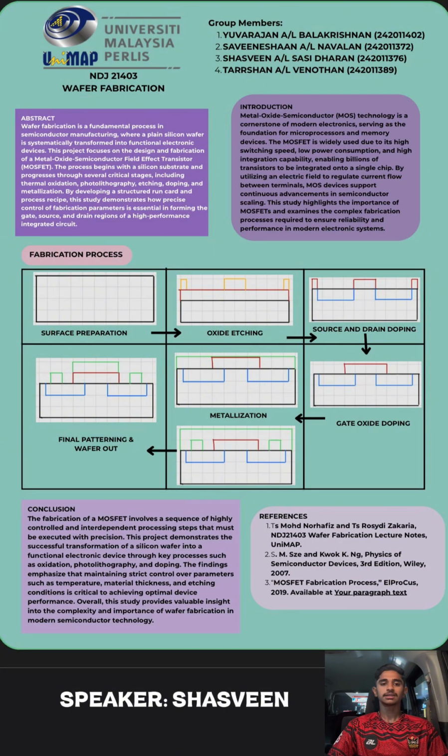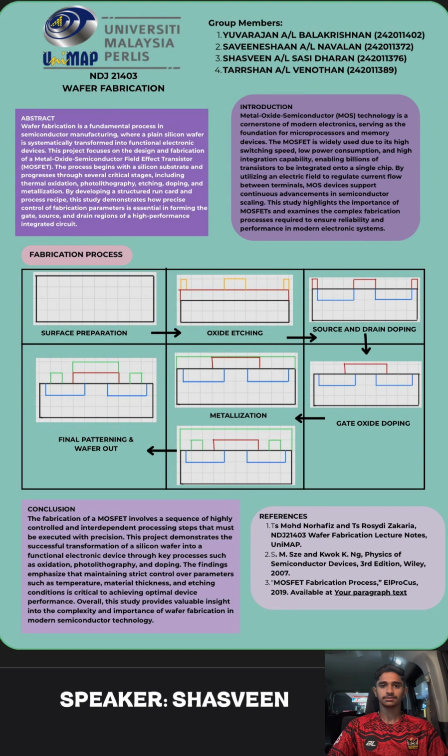The polysilicon gate is positioned above the oxide layer and controls the flow of current between the source and drain terminals. The completed MOSFET structure demonstrates that the fabrication process was successfully carried out. Each layer was properly formed and aligned, resulting in a functional device structure. The MOSFET is expected to operate as a switch where the current flow is controlled by the voltage applied at the gate terminal.